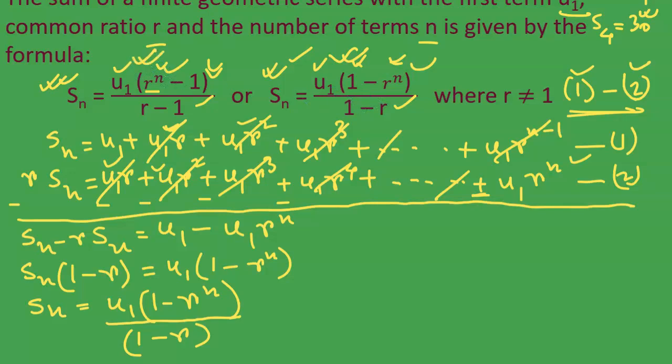How do we get to the other form? I'll be just taking out the minus sign.